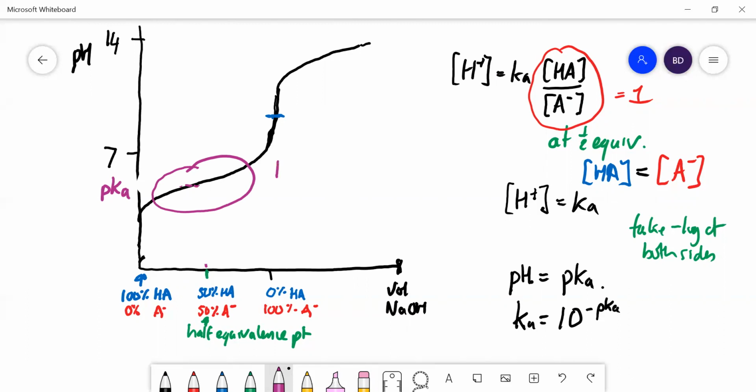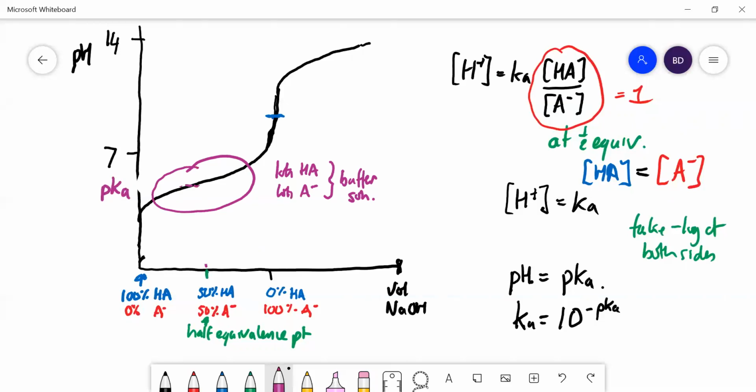We've got lots of HA, and we've got lots of A minus. So that means it is a buffer solution. When you've half neutralized a weak acid, you've essentially got a buffer solution there.